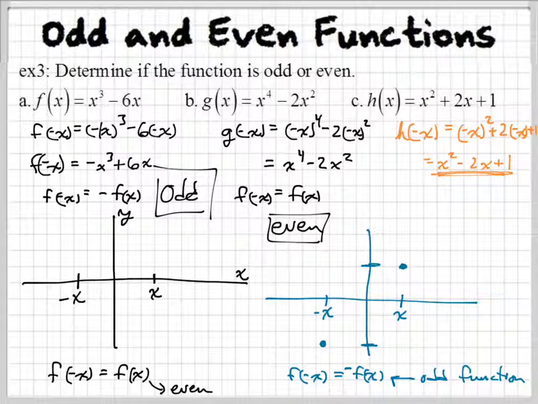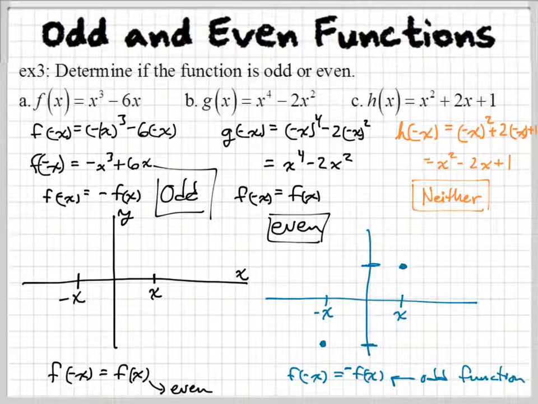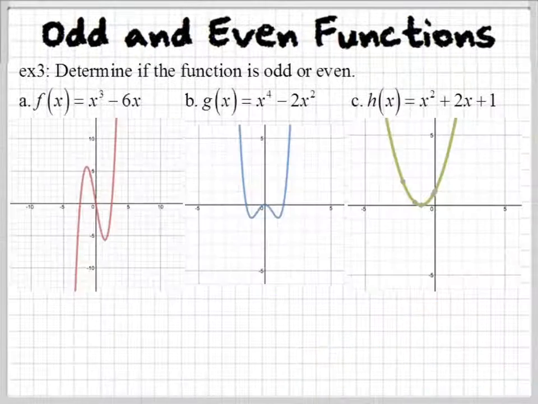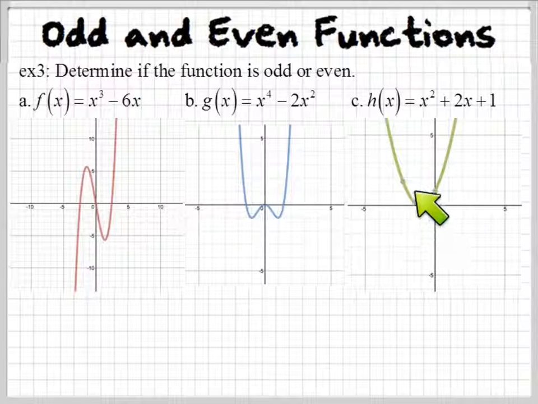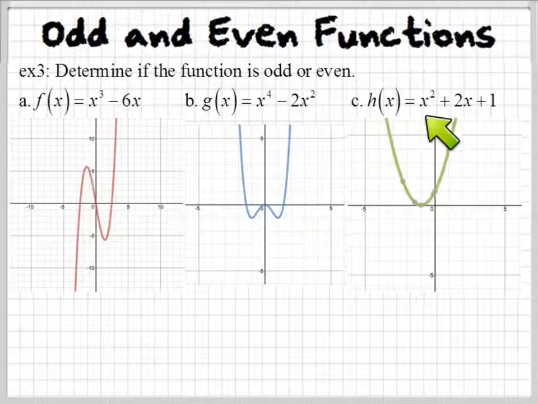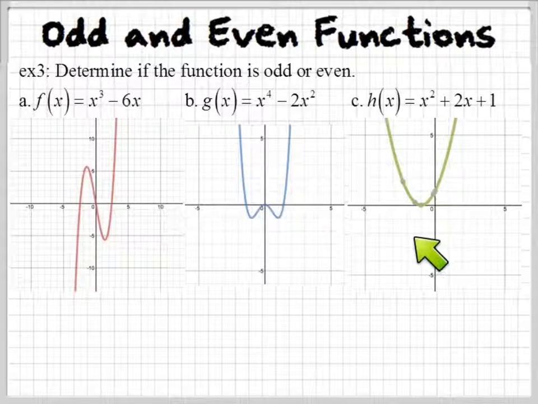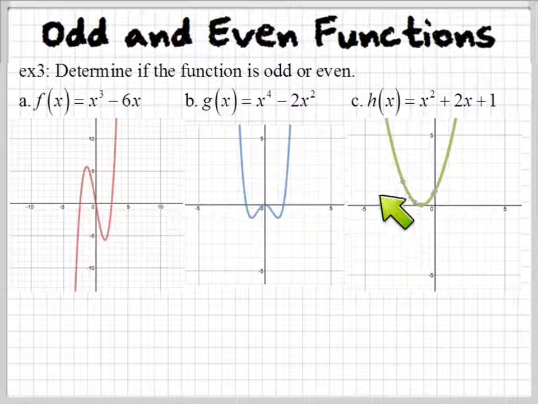No. Is it the same? No. So is this even or odd? This is neither. When we look at the graph too, you can see that this does have an axis of symmetry, which we can find, but it does not have symmetry about the y-axis or the origin. So therefore, it's neither odd nor even.